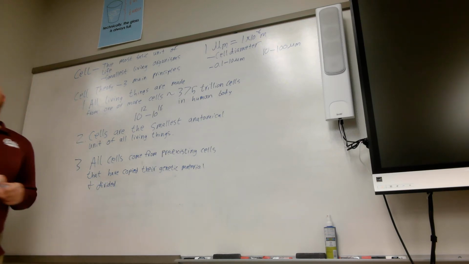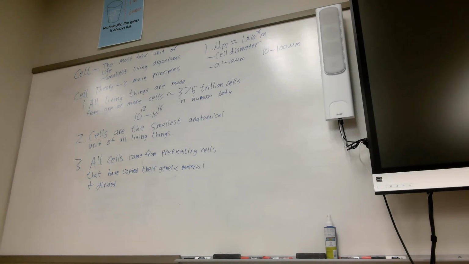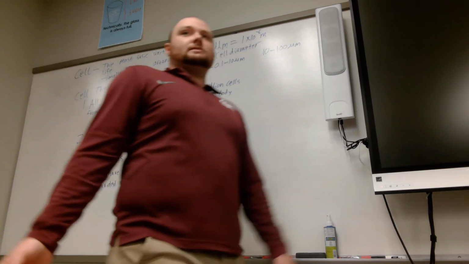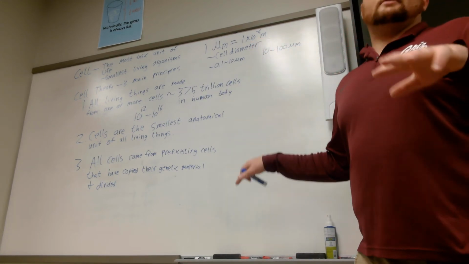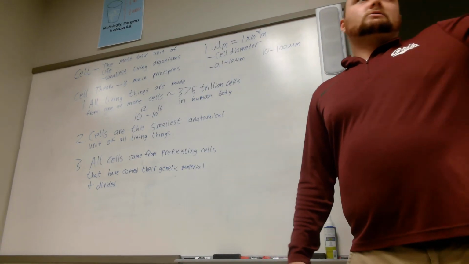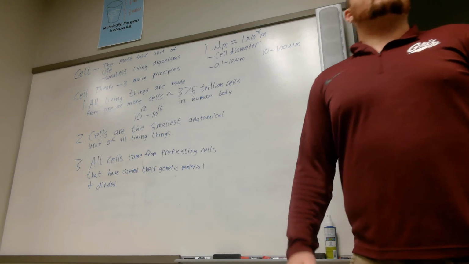With all cells except sex cells, like sperm and egg, they go through mitosis. Sperm and egg cells go through meiosis. We'll talk about those probably 2 weeks from now.